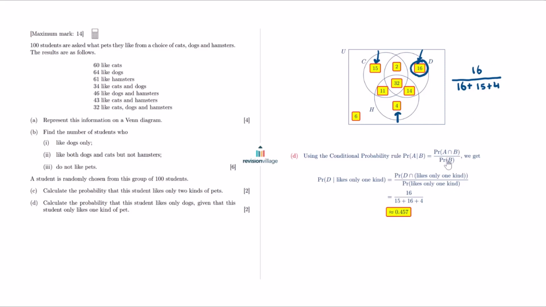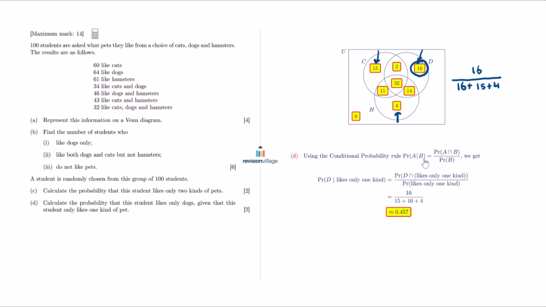Okay, let's now talk about the conditional probability formula approach to this. It's very similar, but it's good to talk through the formula. This formula is in the AI formula booklet. It reads: the probability of event A given event B is equal to the probability of the intersection of the two events divided by the probability of the given event.